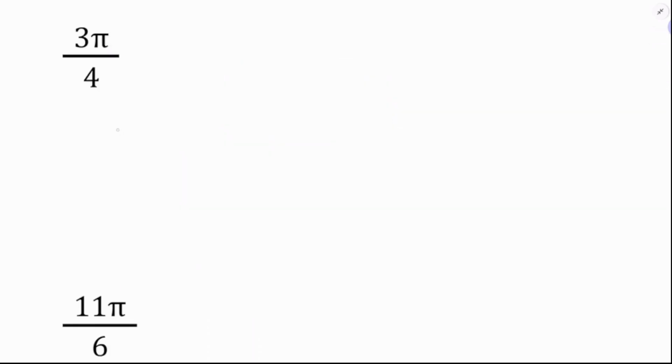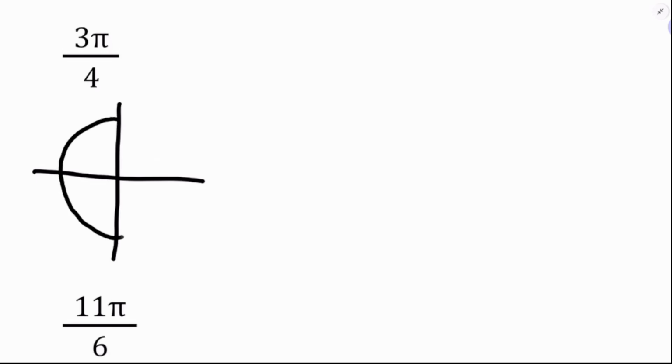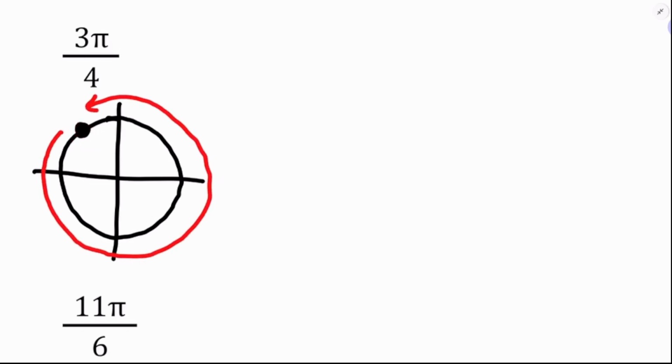All right, 3 pi over 4 radians. Pi's over 4 represent 45-degree reference angles. 3 pi over 4 is almost all the way to 1 pi, so that's over there in the second quadrant. If I went one rotation farther, I'd have 3 pi divided by 4 plus 2 pi, which would be 8 pi over 4.